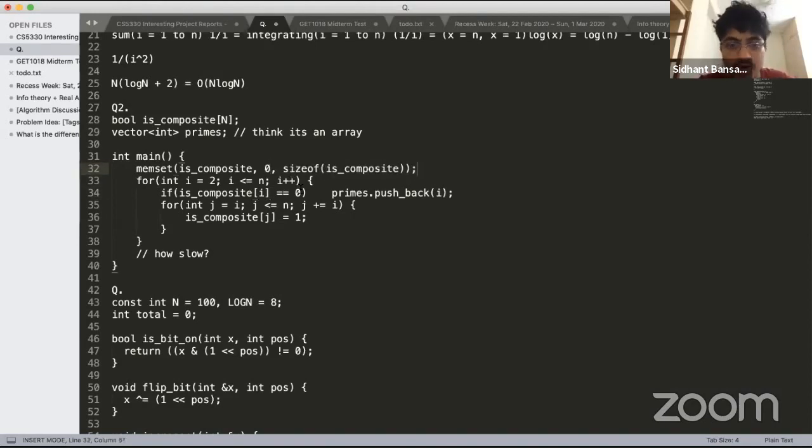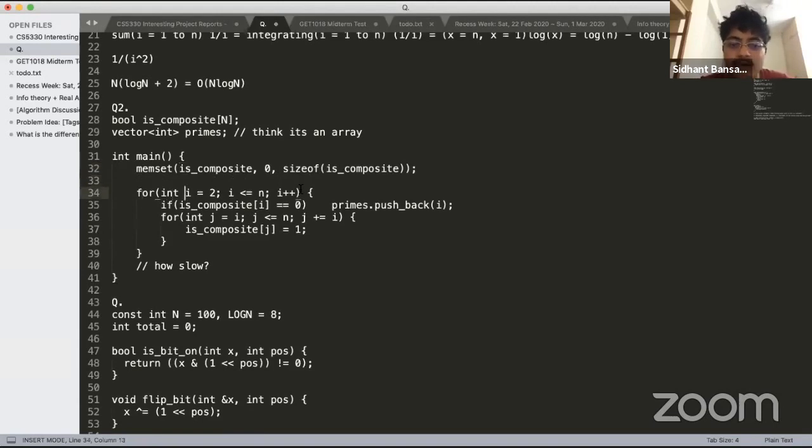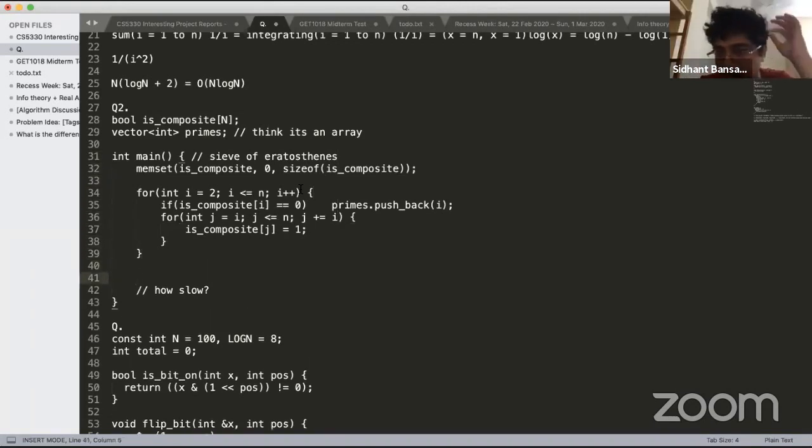Anyways, let's move on to the code. This is basically sieve of Eratosthenes. I don't know how to pronounce this, to be honest. Eratosthenes, yeah.